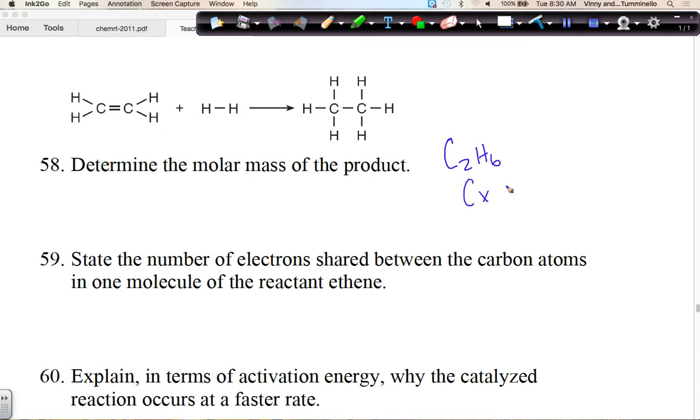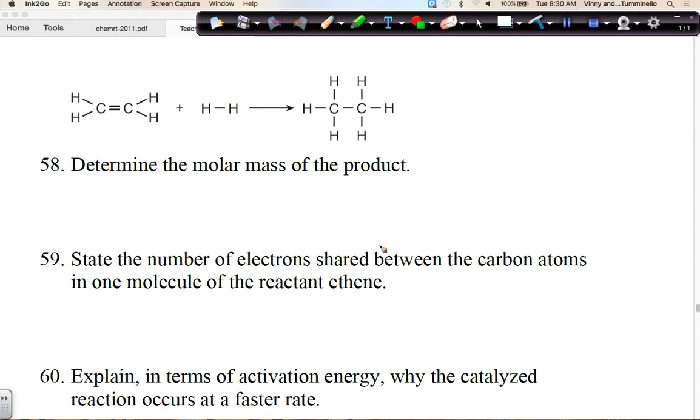So you're going to do the mass of C on the table times 2, which gives you about 24. You're going to do the mass of hydrogen on the table times 6, which gives you about 6. And so you're going to get 30 grams equals 1 mole for the molar mass of ethane, which is the product. Remember that reactants are before the arrow, products are after the arrow.